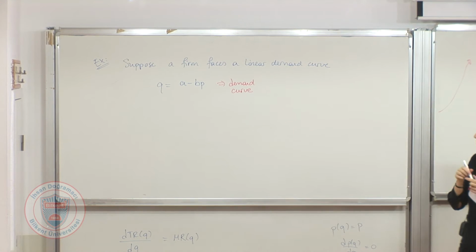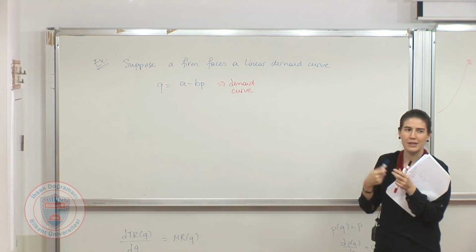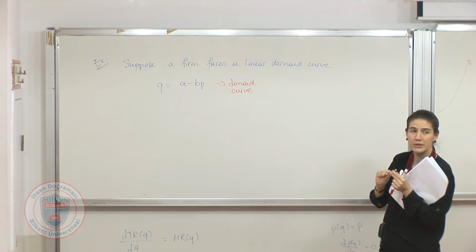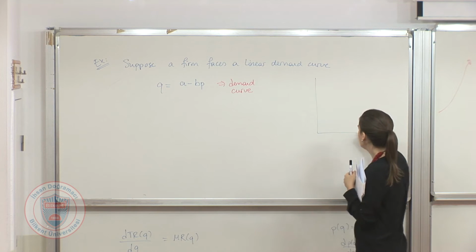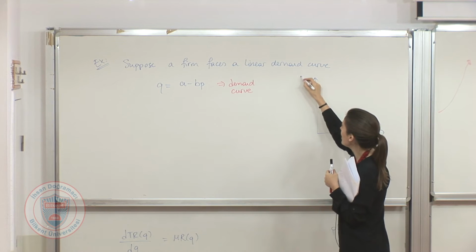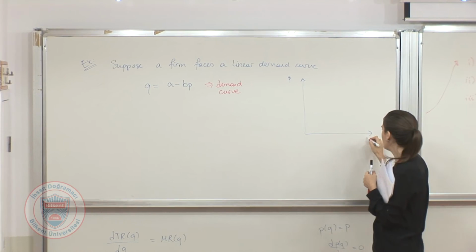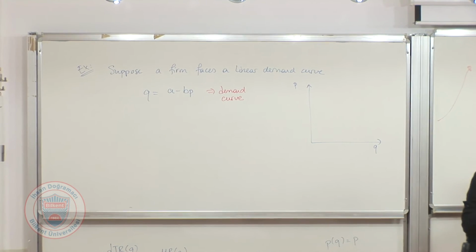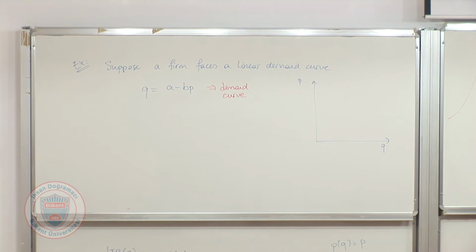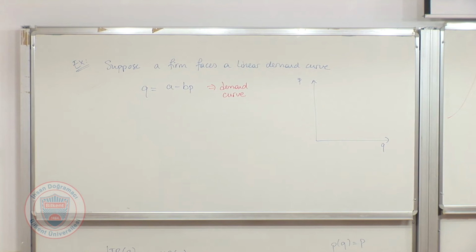Now, if I want to draw this, how do I draw it? I put P here, I put Q here. What we draw was what? Remember we talked about this? It was the inverse demand curve, right?